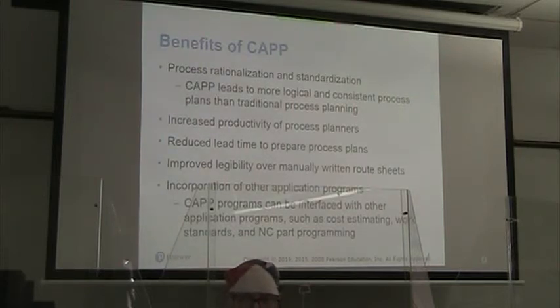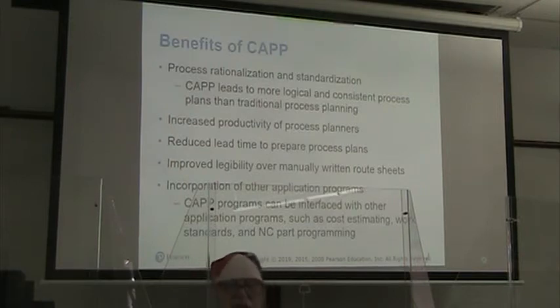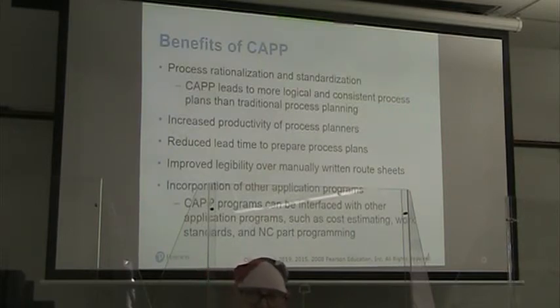The computer-aided process planning will give us more logical and consistent process plans than traditional process planning. All to the good. This means that we can increase the productivity of the process planners that we have. There are some things that machines won't be able to decide or understand at this point.